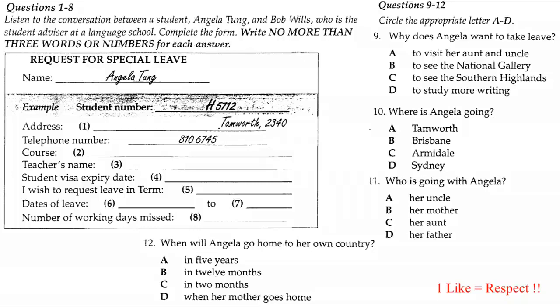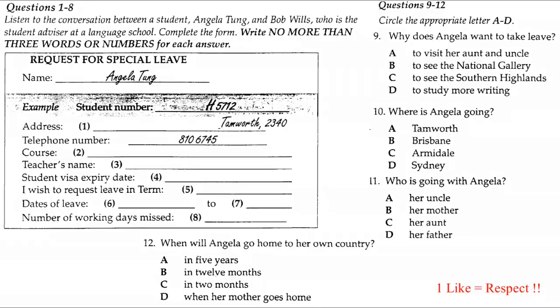It's H for Harry, 5712. H5712. OK. What's your address, Angela? I live at 10 Bridge Street, Tamworth. 10 Bridge Street, Tamworth. And your phone number? The telephone number's 8106745. Thanks.